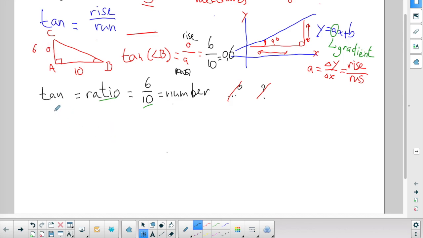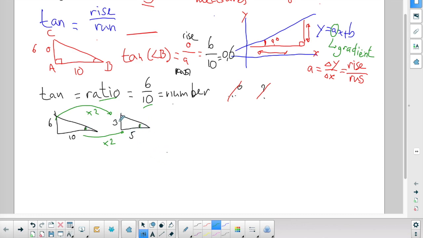So you can understand that this ratio is all the same. Let's draw some triangles with the same ratio. This angle is the same in this 6 by 10, and it's the same in a little triangle, but this is 5, and this is 3. Because you see, this is times 2, and this is times 2 as well. And I hope you understand that this angle is exactly the same as this one.